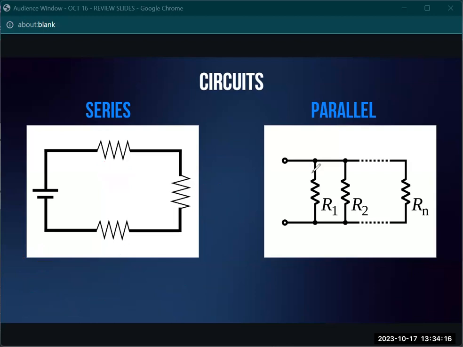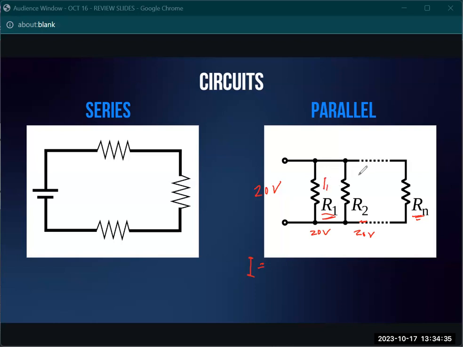Tapos, sa parallel, dito ang equal is voltage. So, kunyari, 20 volts. Ang marireceive nito is 20 volts din. Ito, 20 volts din. And ito. Tapos ang current, siya naman yung mag-a-add.